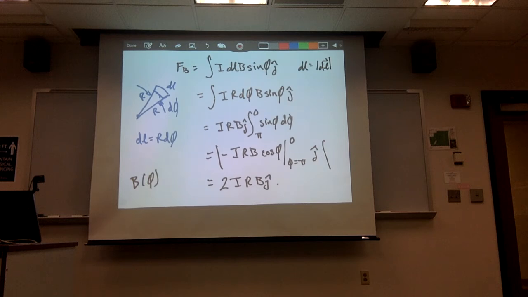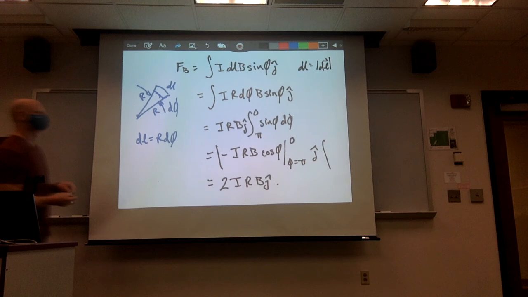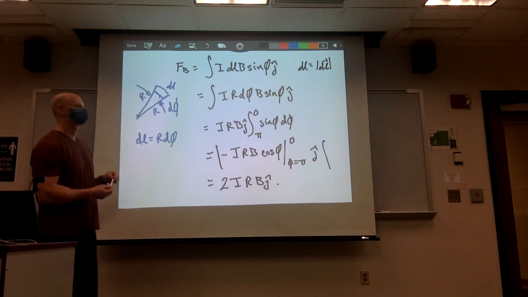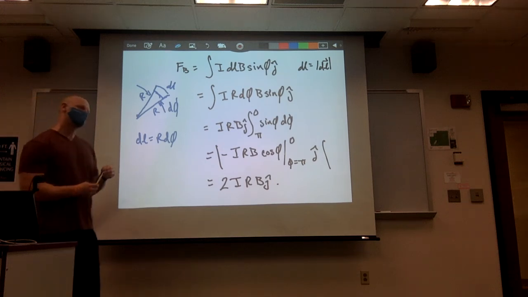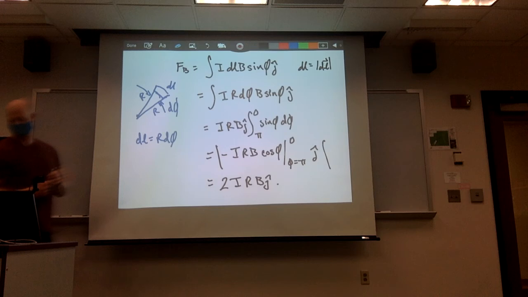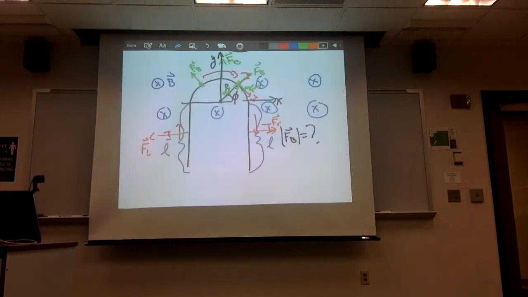If it wasn't, it would be a little more complicated. In that case, actually, it would be a lot more complicated. So even if it's a function of phi, would it still only have a j hat direction? Well, that depends on how it changed. So if it did something like simply a sine or a cosine, let's see here.